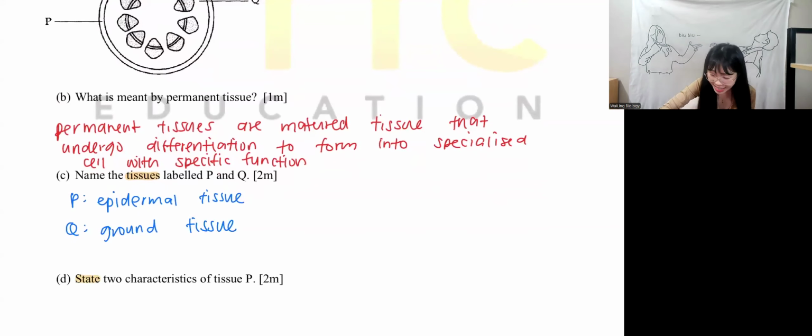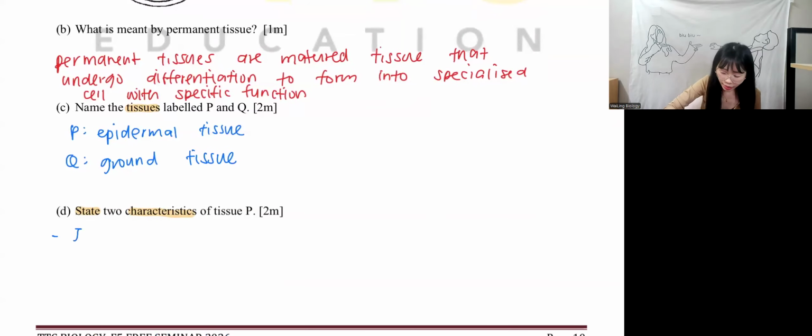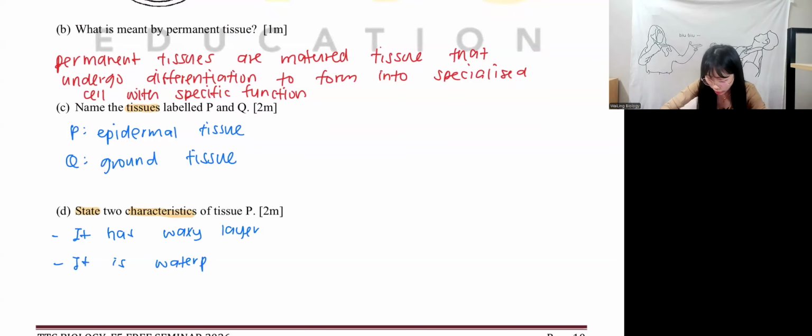The question says state characteristic, which means you don't have to use explanation. When to use epidermis again? When they say label the structure, the structure is epidermis. The tissue is epidermal tissue, yeah? Waxy layer, very good. They have a waxy layer and waterproof, correct. Two characteristics: it has a waxy layer, and it is waterproof.